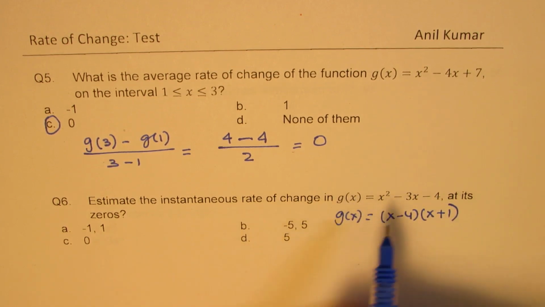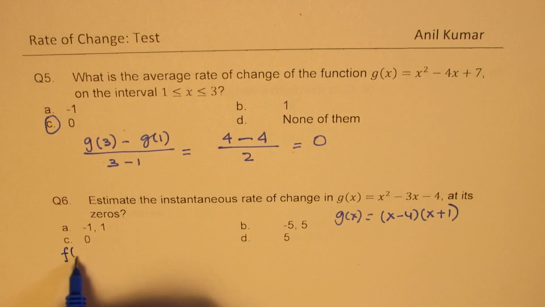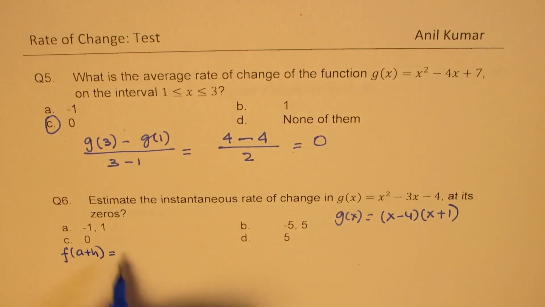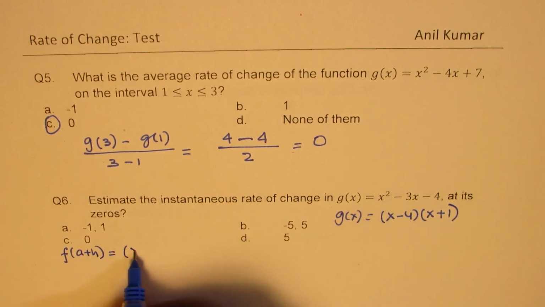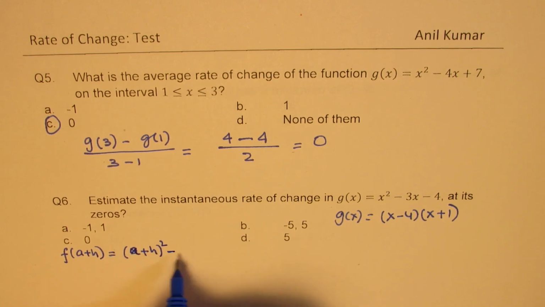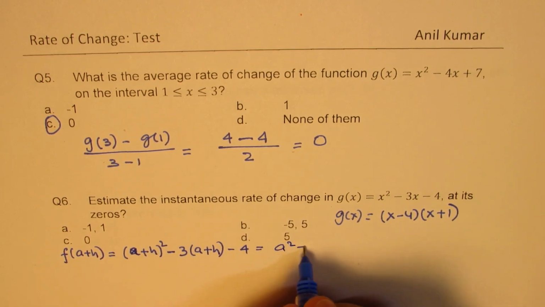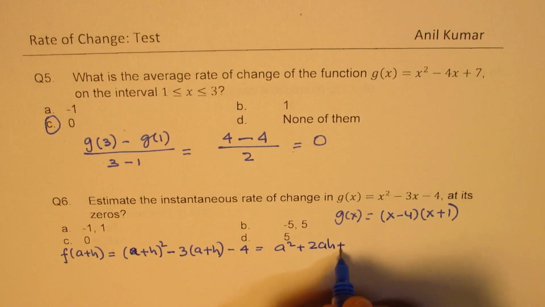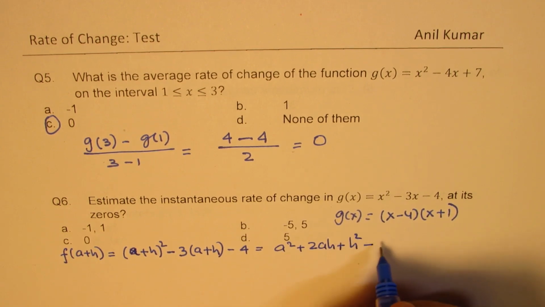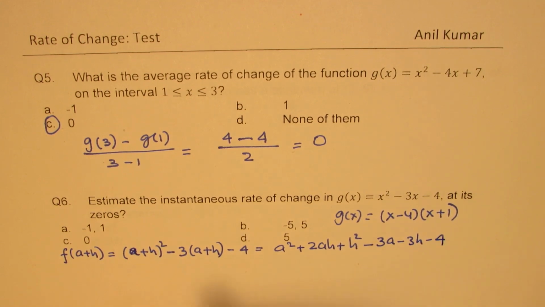So there's less space here. Let's calculate f of a plus h, which will be a plus h whole square minus 3 times a plus h minus 4, right? Which is a square plus 2ah plus h square minus 3a minus 3h minus 4, correct?